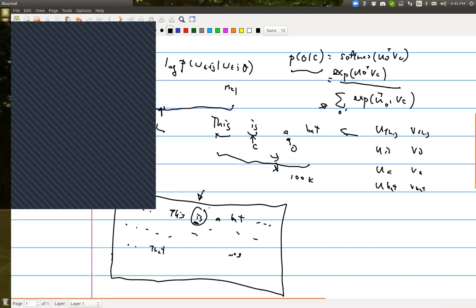And I look at the loss, that's just a particular loss. Actually, let's not just look at a particular j, but look at the entire window.